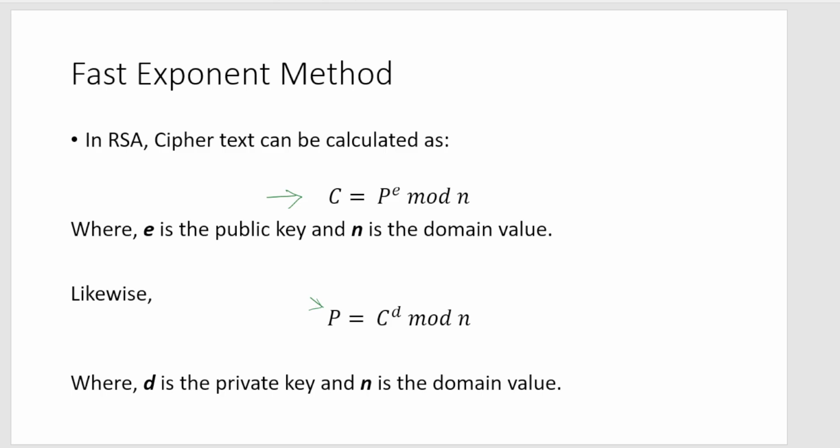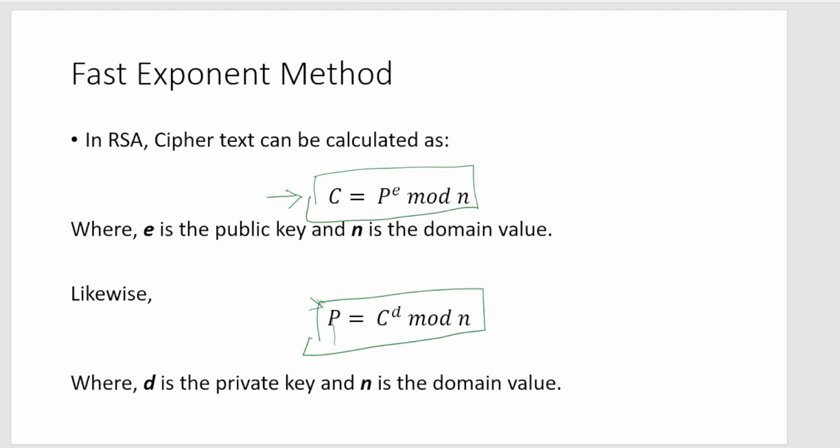So we will see both these things in this video, but remember these two equations: C is equal to P raised to power E mod N, and P is C raised to power D mod N.